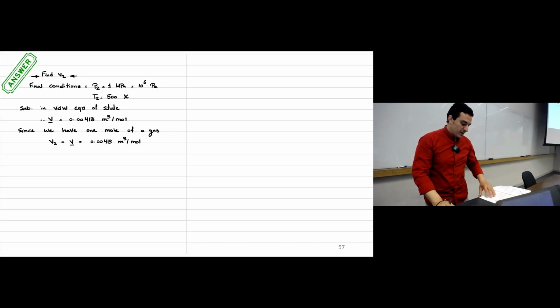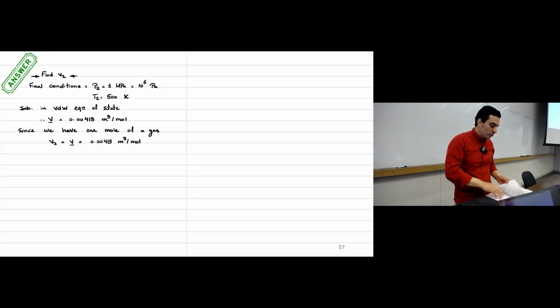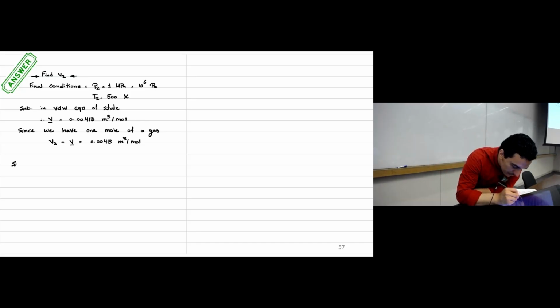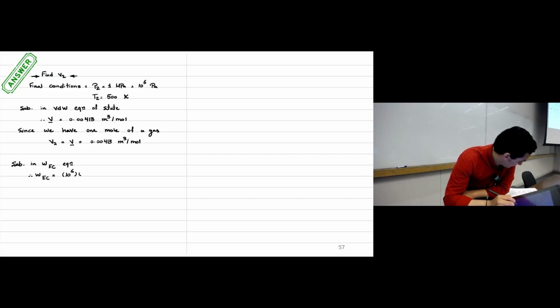So now I have V1, I have V2. These are the values I need in order to find the work of expansion, contraction. So substitute in the work of expansion, contraction equation. The pressure is 10 to the power 6, V1 which is 0.00242 minus V2, 0.00413.